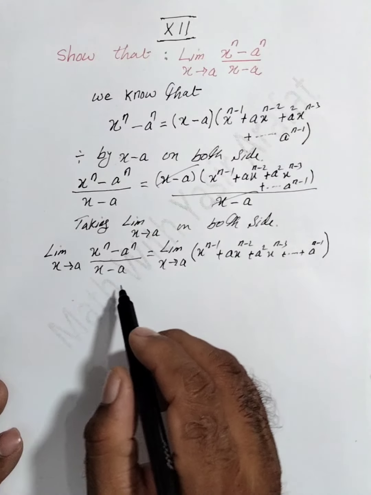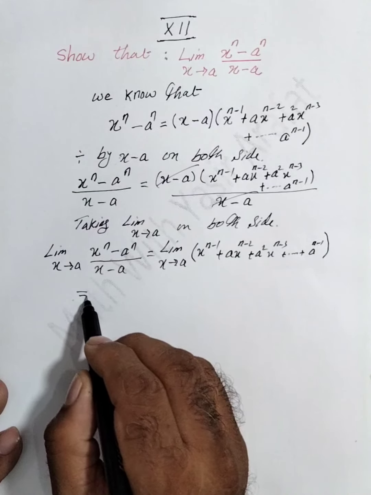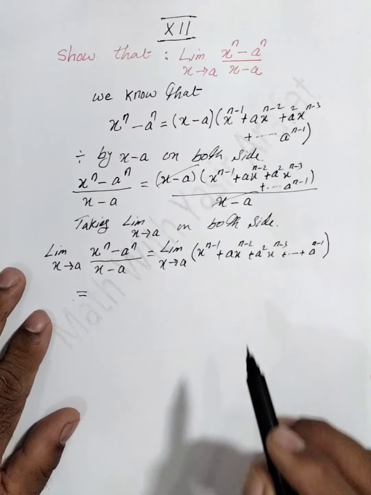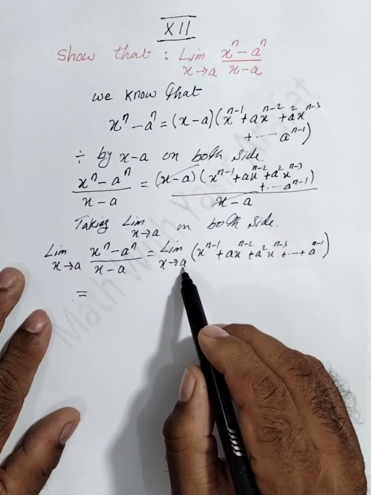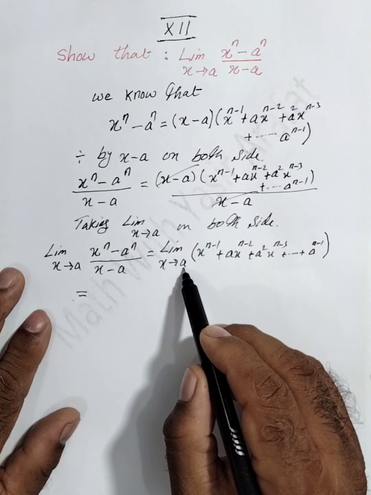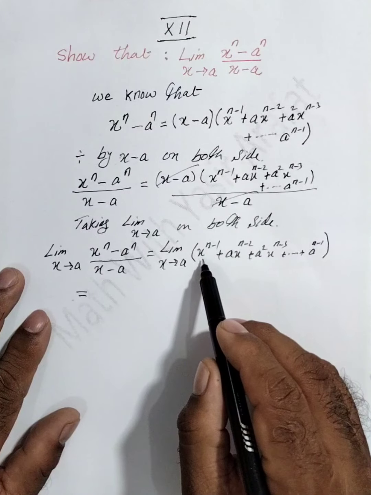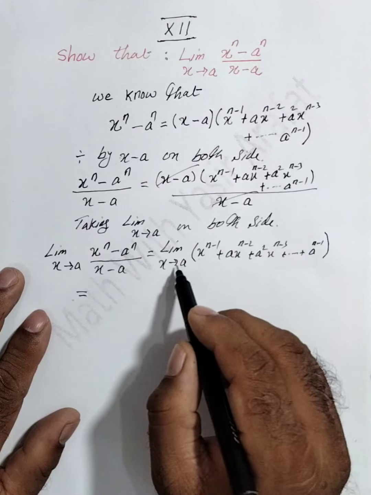So here we have to apply the limit. When x tends to a, we have to put the value of x as a.